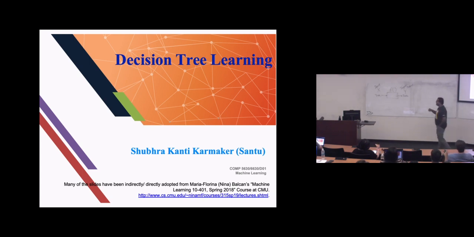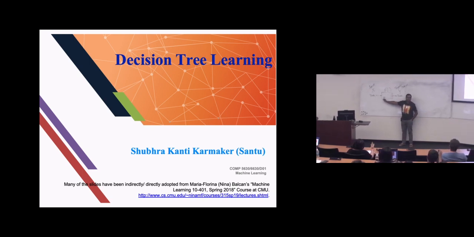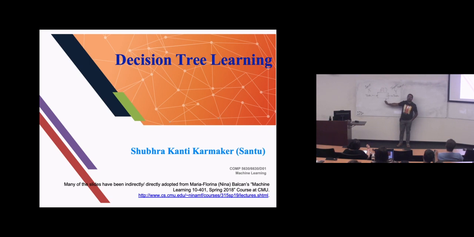Well, let me rephrase the question. The question is about this box. I'm going to make some assumptions about this box. What is a problem if I don't make that assumption? Yes. You're searching a massive problem space.